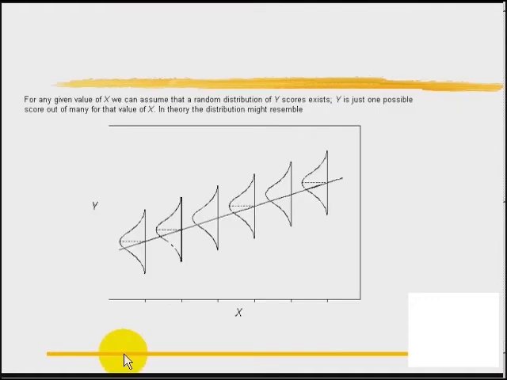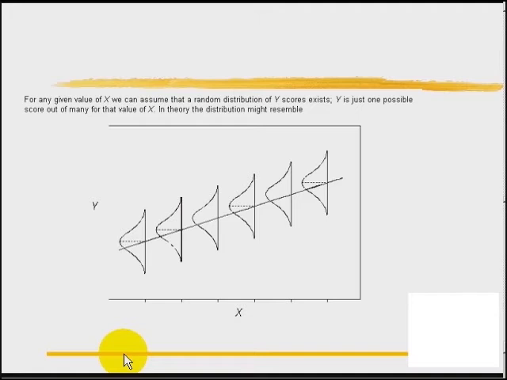Near the end of our last lecture, one of the things that we spent a few minutes talking about was the calculation, or the prediction, of the average score of Y within the sample, and how we calculated the 95% confidence interval for the sample.